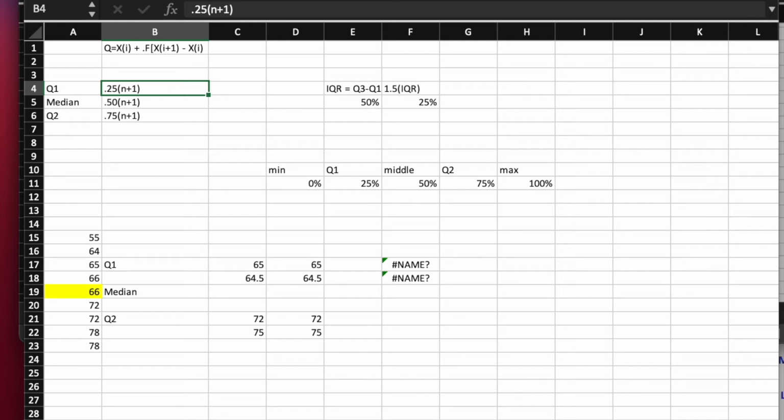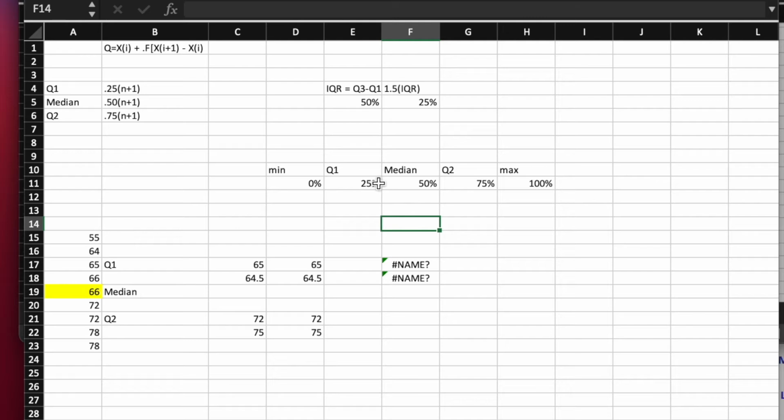Okay? And just a little review, in case you didn't know this, the 5-number summary gives you the minimum, the max, the median, which is the middle, Q1 and Q3. And this represents where the 0% value is, the 100% value is, the 50% value, the 75%, and the 25%.